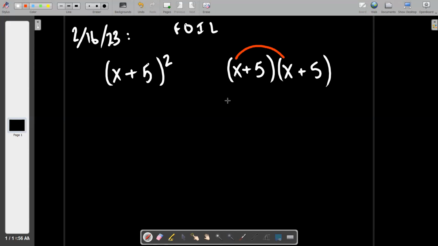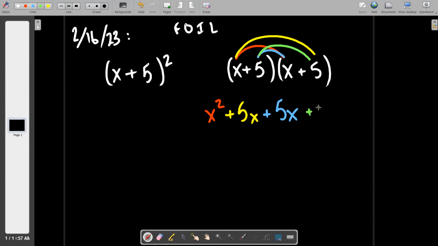X times x is x squared. I'm going to keep changing colors. X times 5 is 5x. Very good. And 5 times x is 5x, and then 5 times 5 is 25. So there are my 4 color-coded answers.